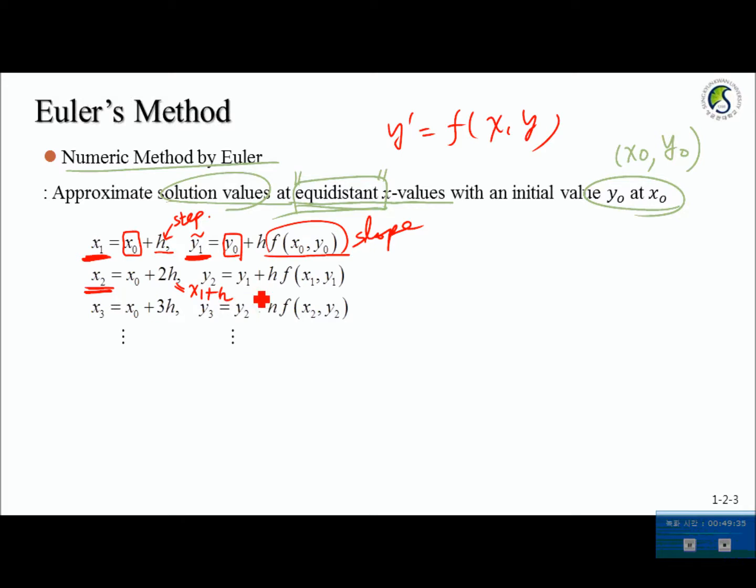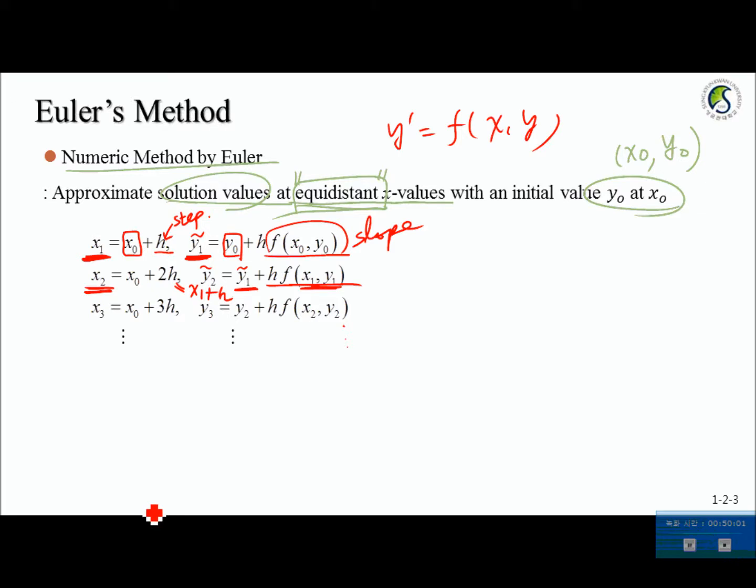And y2 is actually the previous value y1, with a tilde, an estimation value, plus the same thing, but the slope at x1 and y1. And keep doing it, until you're satisfied. You get it?